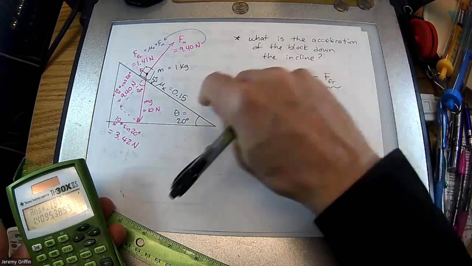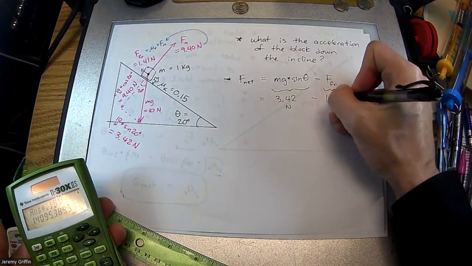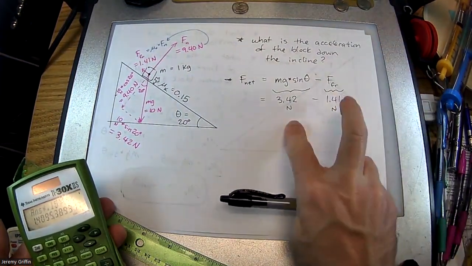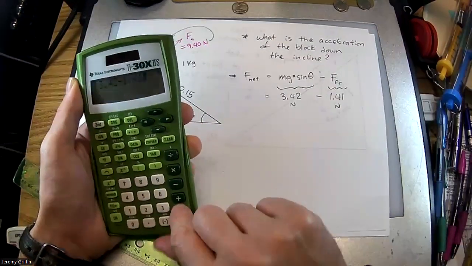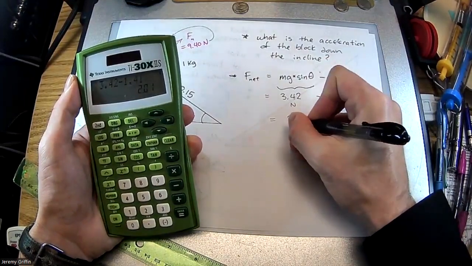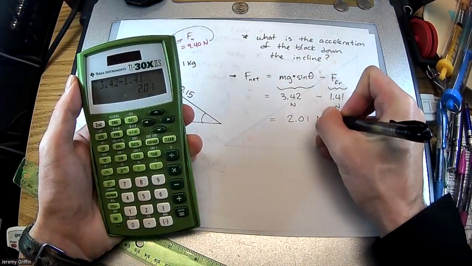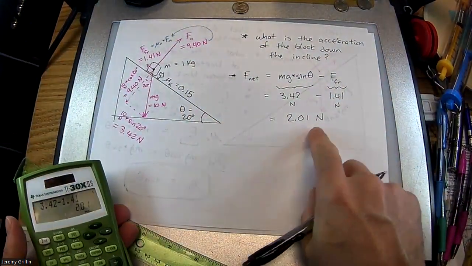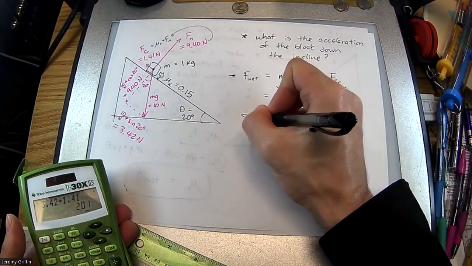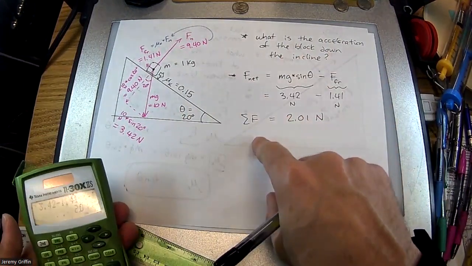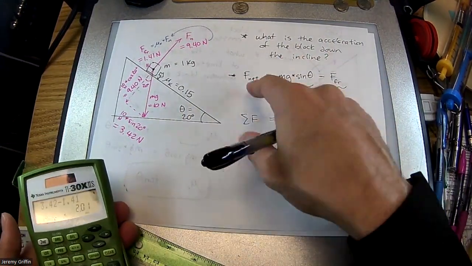This friction force, I got 1.41 newtons. 3.42 minus 1.41, I'm getting 2.01 newtons net force. Sometimes written this way: sum of forces. Net force, sum of forces, that's the same thing. If you sum up all the forces, that's the net force.